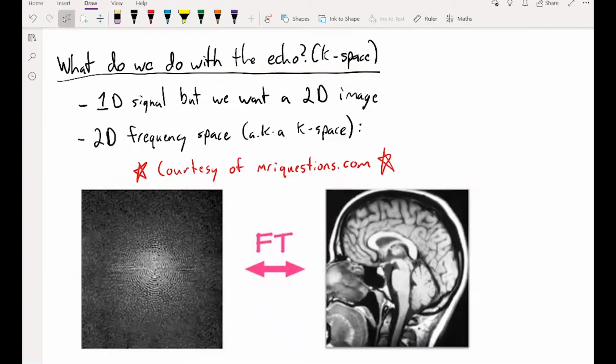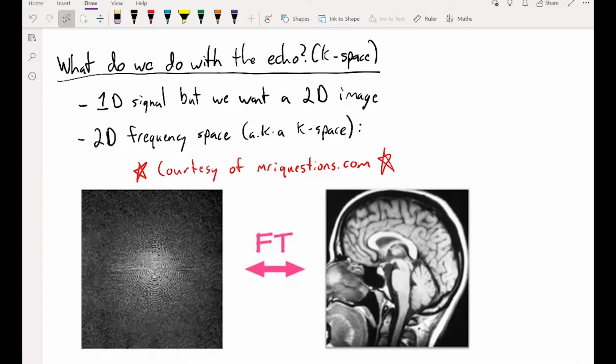So, k-space. What we've been talking about so far with the Fourier transform has been a one-dimensional signal, right? Like one echo or one time-varying signal like I had in that diagram of the Fourier transform before. But the problem is that anything that we're imaging in MRI is going to be a two-dimensional image. And this requires us to put a two-dimensional set of data into the Fourier transform in order to compute a two-dimensional image.